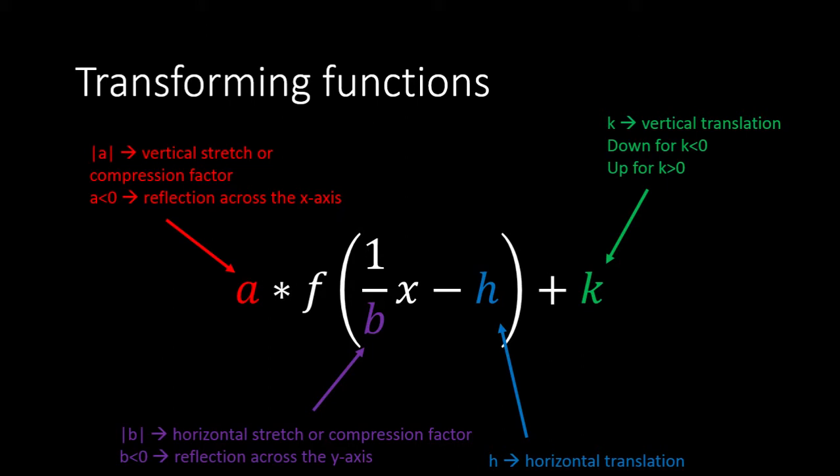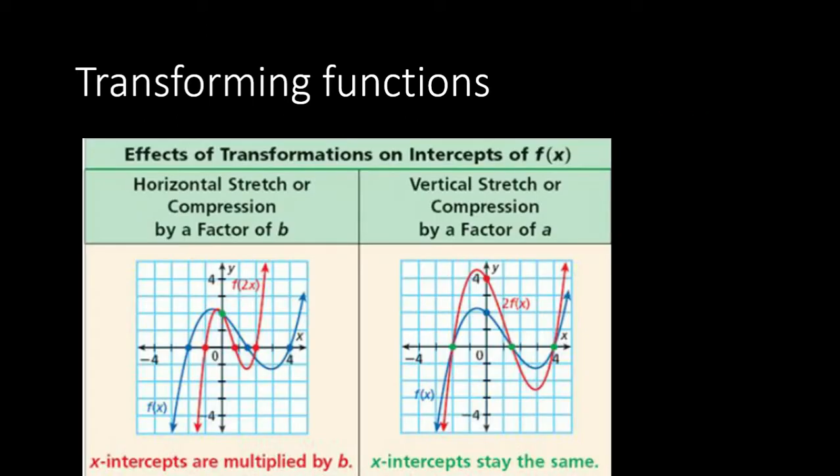If you've never seen me put a key like this on the screen before, go back and watch some of my older transformation videos. I'm not going to have us practice so much with this. In the past we've done a lot of identifying what type of transformation is happening, comparing it to a key, and identifying what that means. We're not going to do that so much today. Again, our focus is on what happens to the intercepts when we do these transformations.